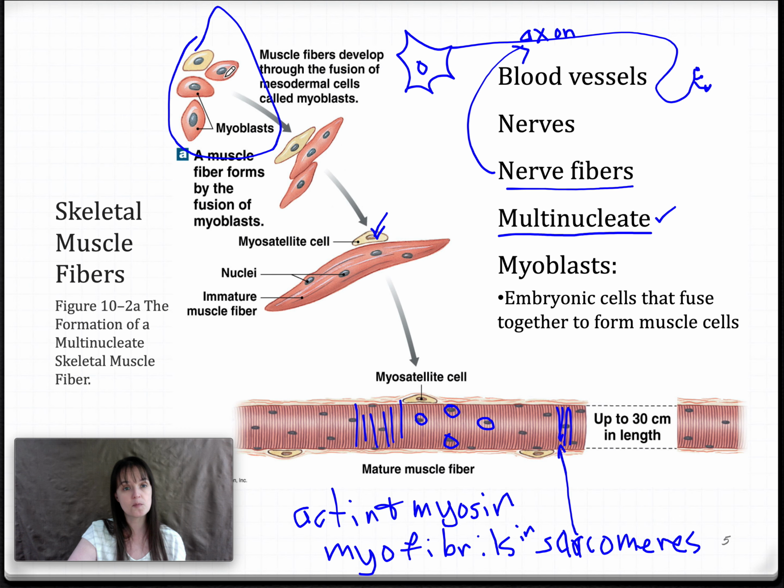Each myoblast contributes its nucleus. So each of these nuclei is from an individual myoblast cell, and they fuse together to make your muscles. There you go. Have it typed in.